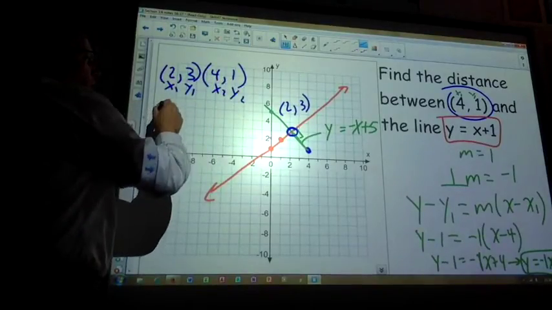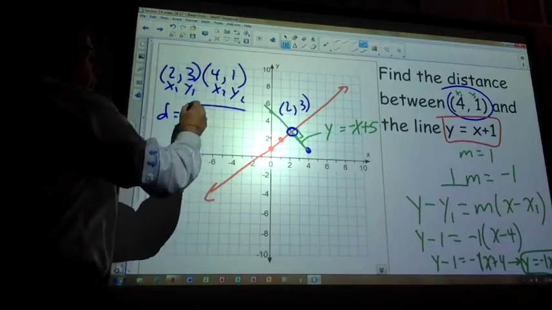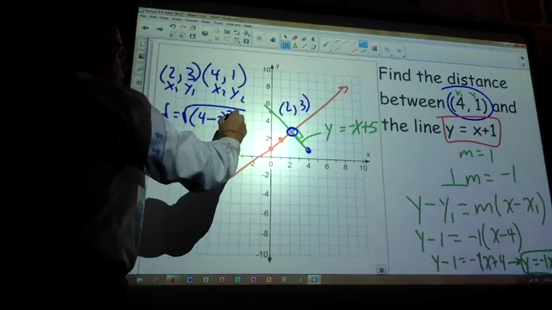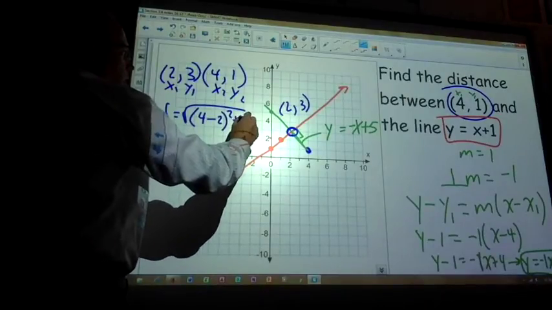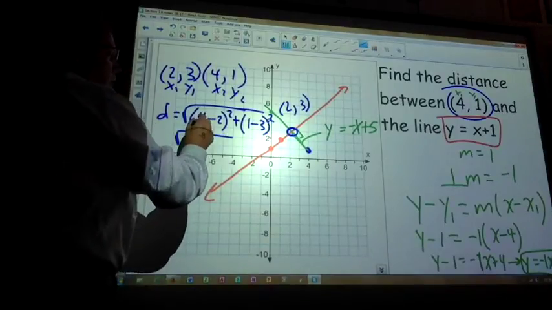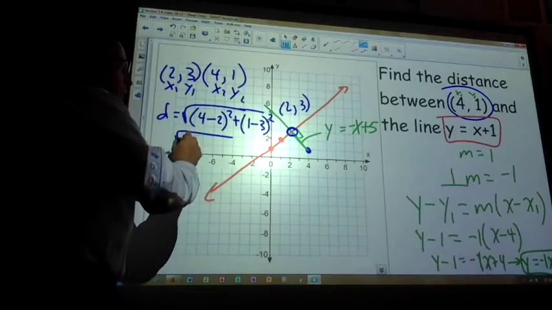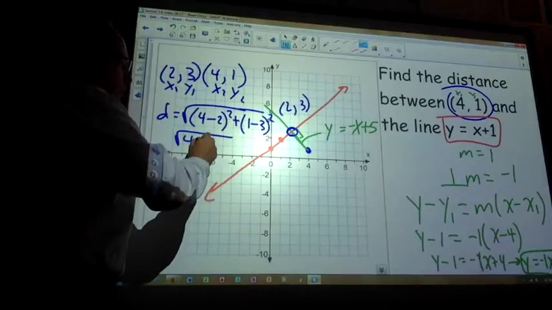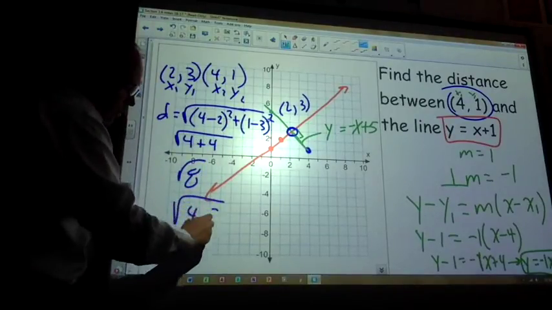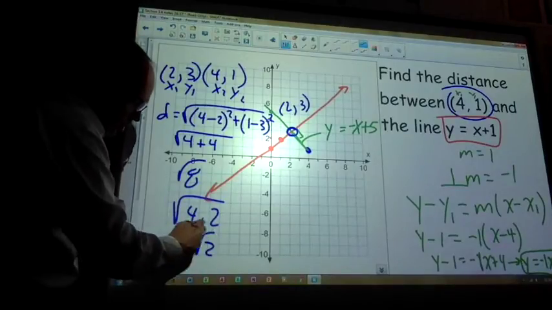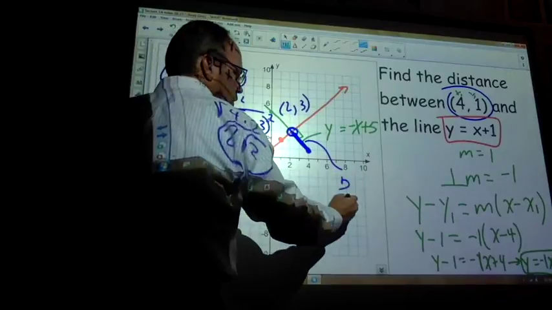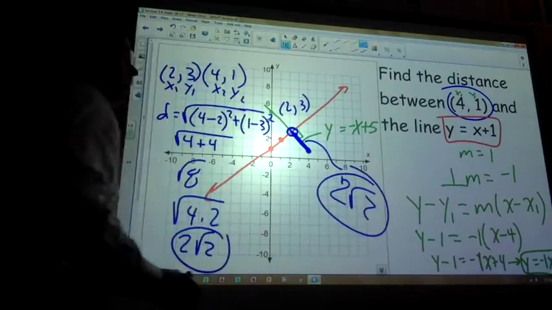So the distance is the square root of the difference in the x's squared plus the difference in the y's squared. So that's 2 squared, which is 4, plus negative 2 squared, which is 4, so square root 8. Square root 8 breaks into 4 root 2, which is 2 square root 2. So this distance right here is 2 square root 2 in length.